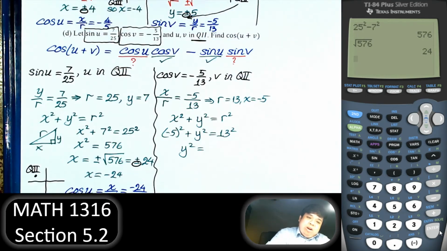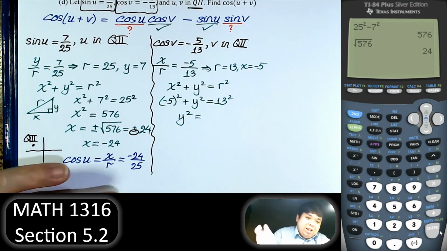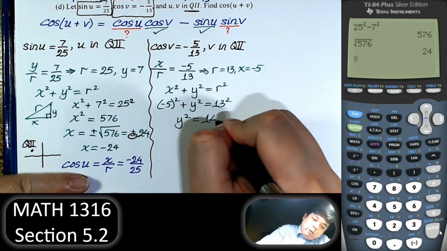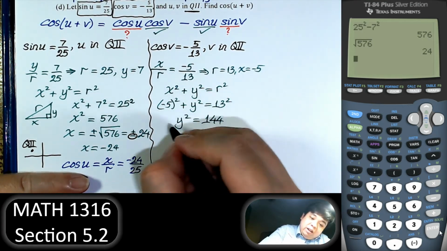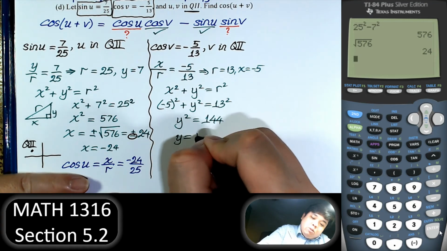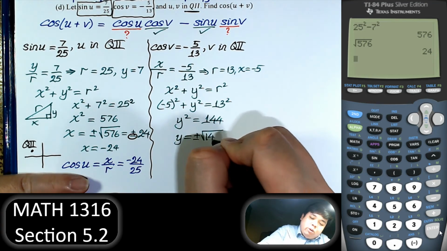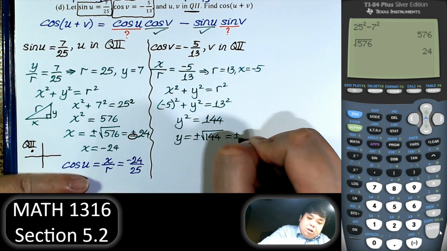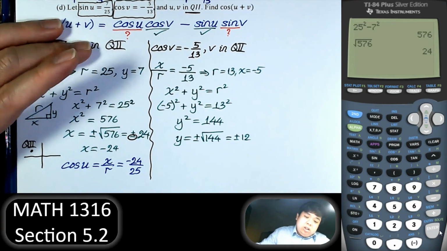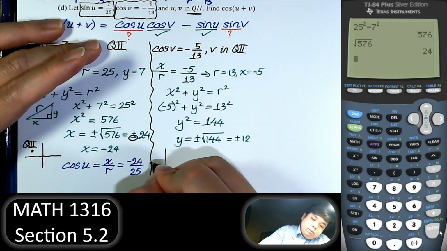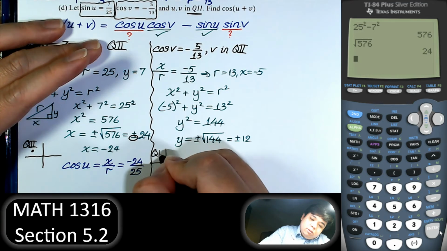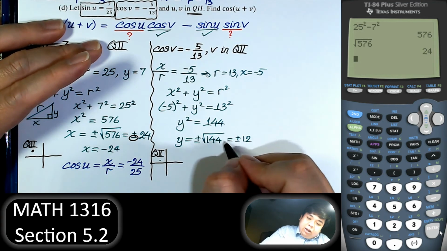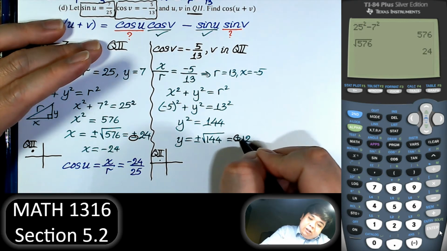That would be 12 squared: 5, 12, and 13. Anyway, it's 144 if you do the math. And then y equals plus or minus the square root of 144, plus or minus 12. Now in quadrant 2, y is positive.